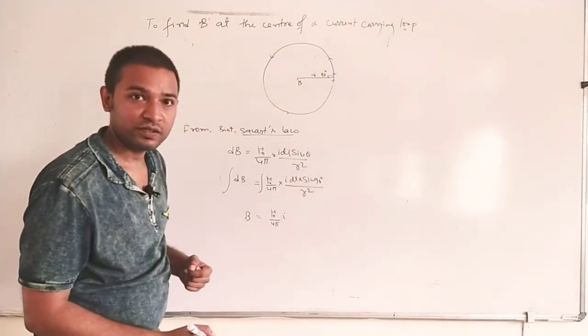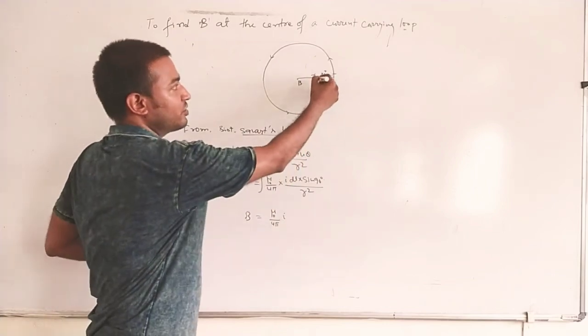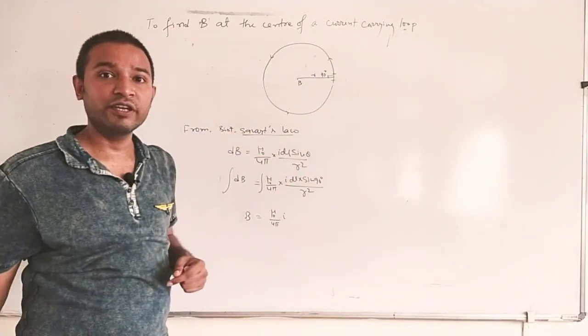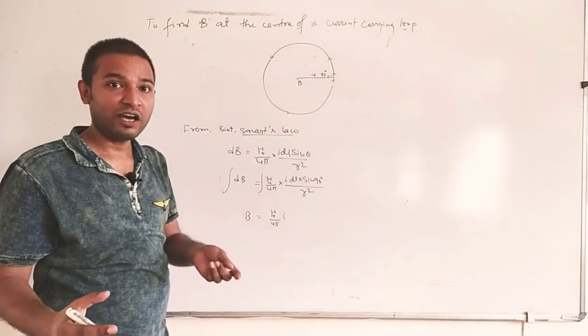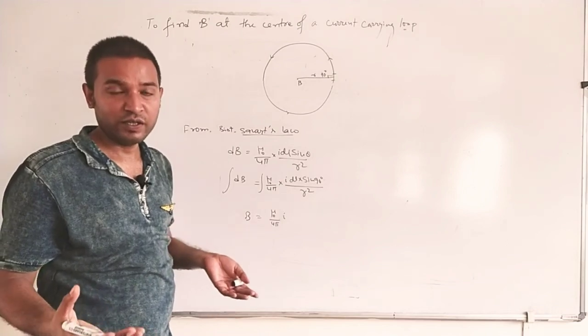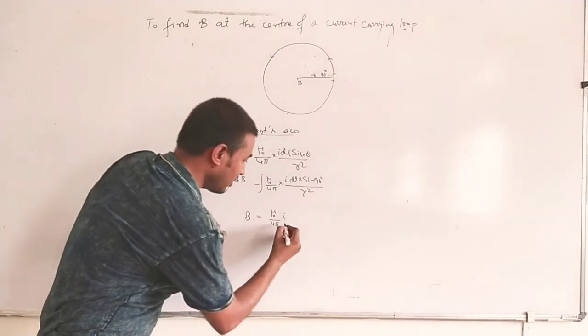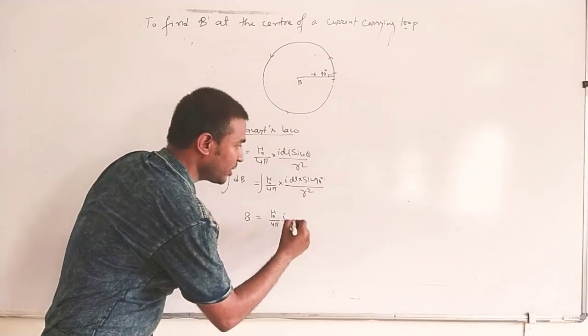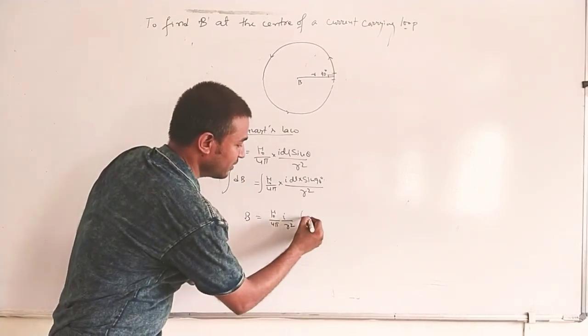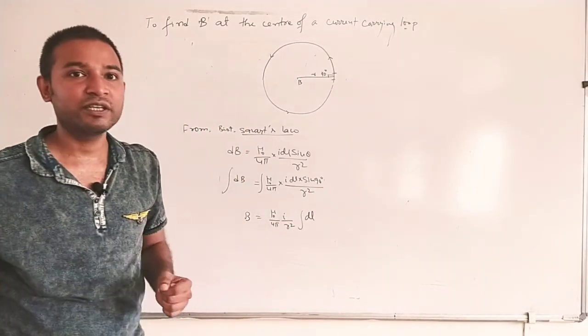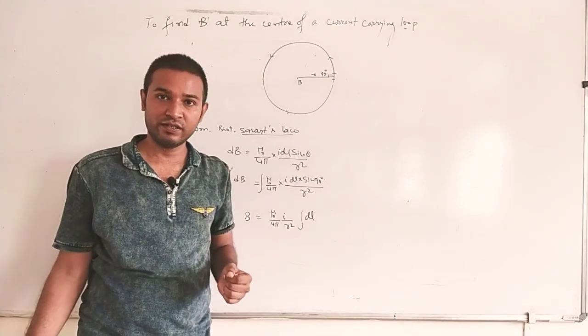Sin 90 is 1. What is r? r is constant throughout the wire, the value of r is fixed. r means the radius of the current carrying loop. So I as well as r square will come out, and only dl will remain inside the integral sign.